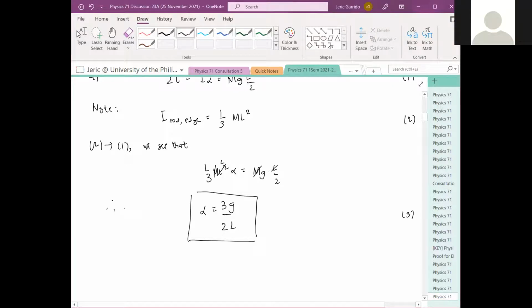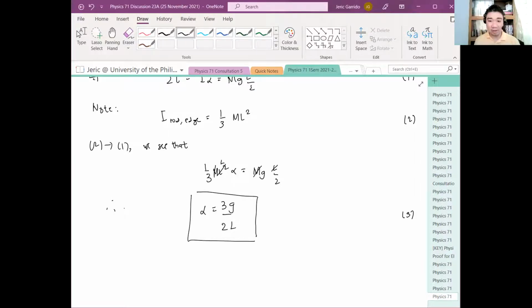Gets? Okay. So yung sa note po ba, sir, constant yan? What do you mean? Yung nakalagay sa note dyan, sir, yung I-rod edge. Constant yan. Ang assumption dito ay yung axis of rotation ay nasa gilid. And then, of course, you can use your parallel axis theorem.